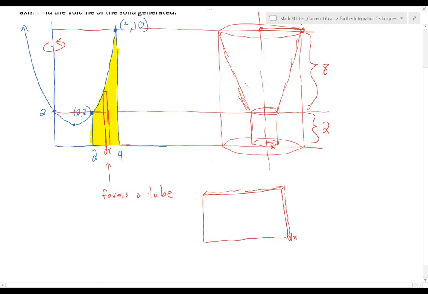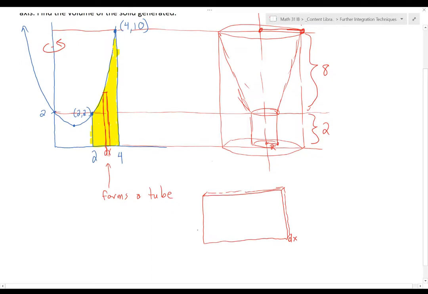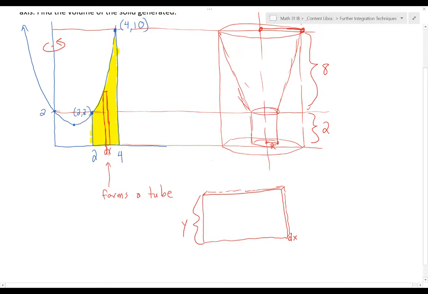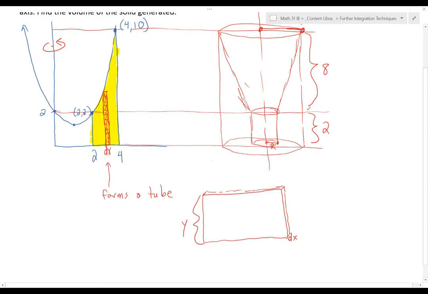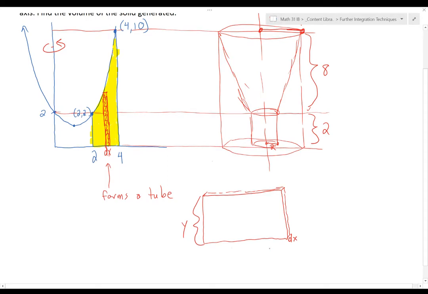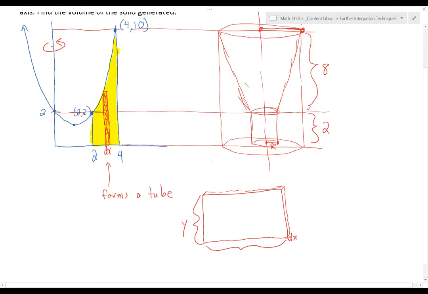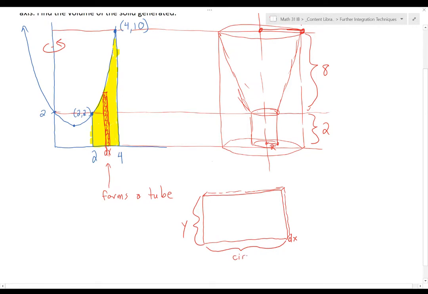So thinking about that rectangle, the height of the rectangle is going to be y, because that's the height of the little slice that we've pulled out of this region. And like with any cylinder, thinking surface area of the cylinder, this is going to be the circumference of the circle.